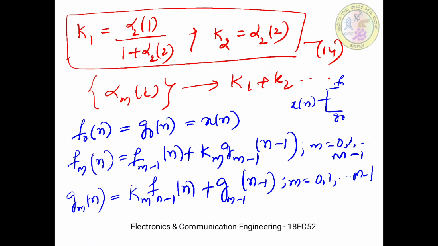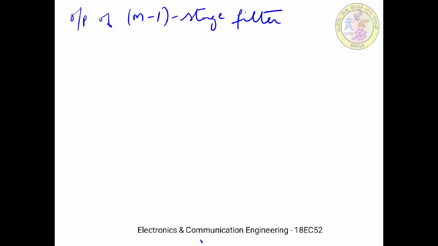So continuing like this, it is also possible to write the output of the m minus 1 stage filter. That can be written as y of n is equal to f m minus 1 of n.